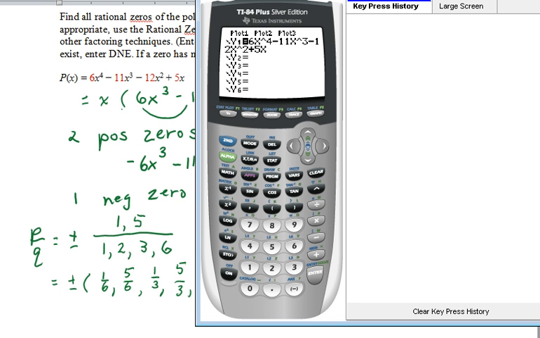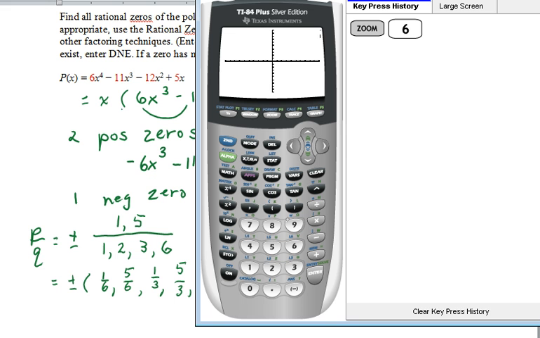I've entered the function in the y equals screen. Let's just go to zoom standard, so zoom 6. And it appears as if we are going to have a positive real zero and a negative real zero.